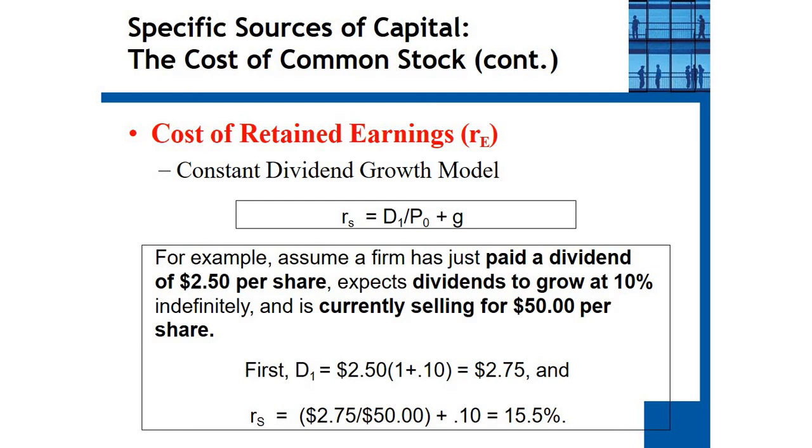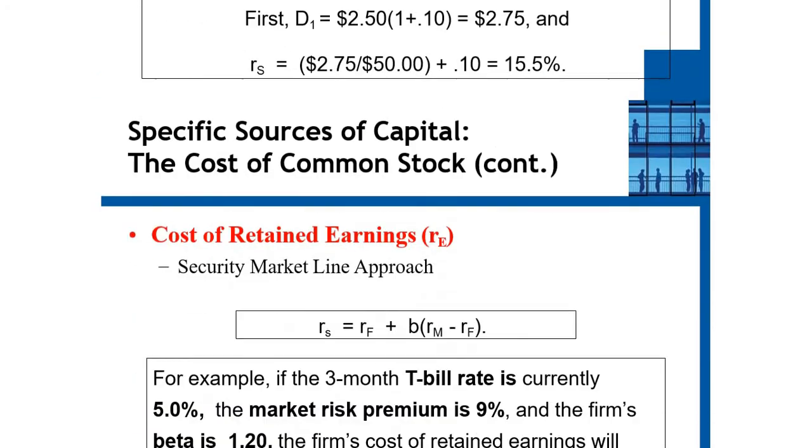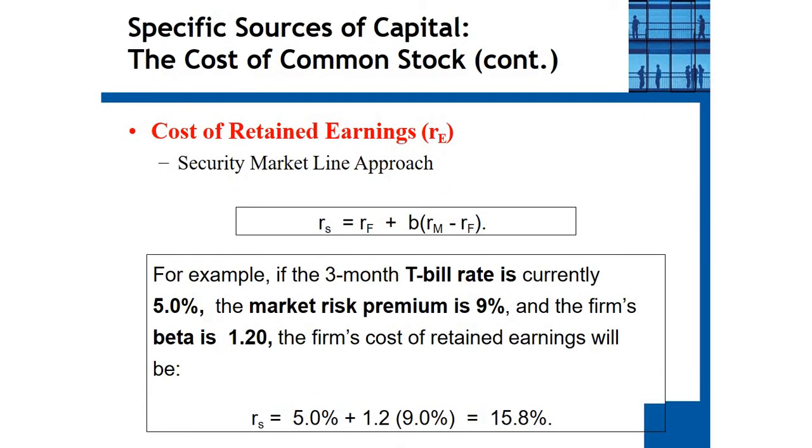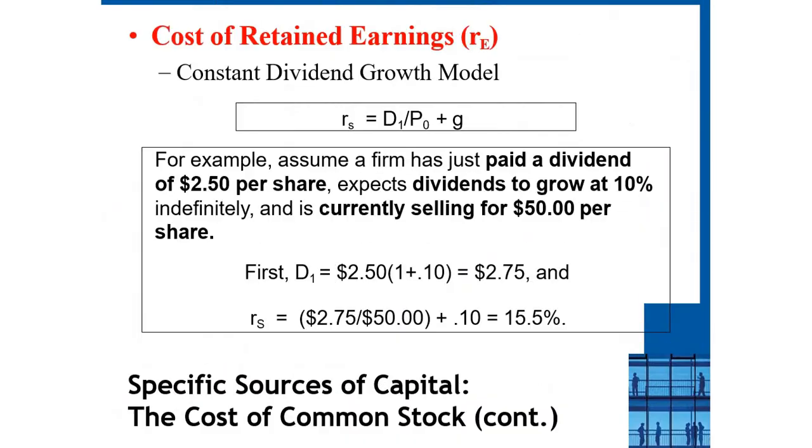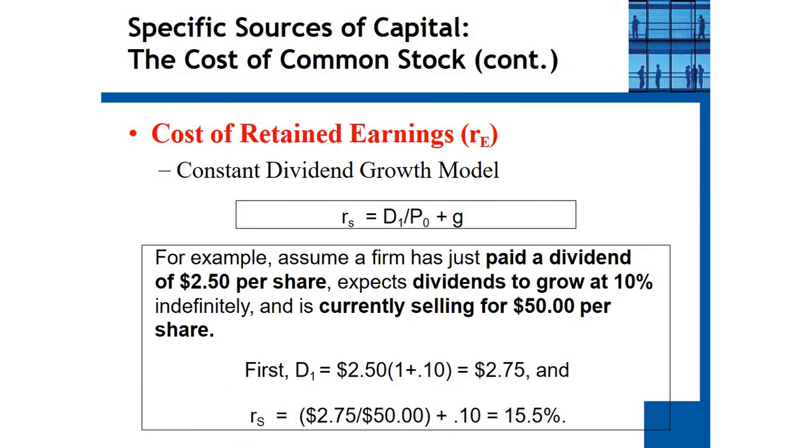In our previous example, we saw that the cost of retained earnings as per the dividend discount model, or Gordon growth model, is 15.5%. But as per the capital asset pricing model, the cost of retained earnings is 15.8%, which is slightly higher.